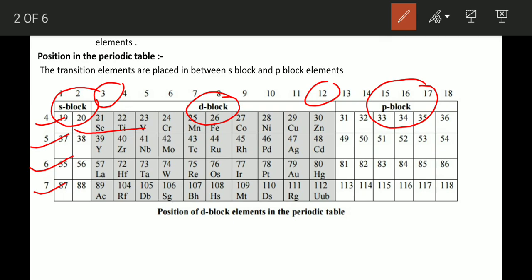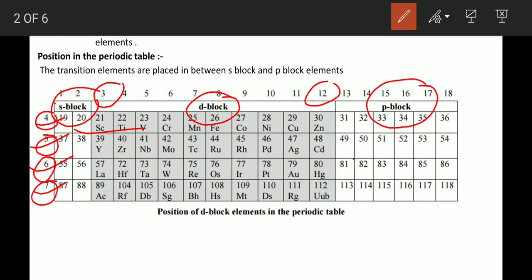Lanthanum to mercury is called the 5d series. And actinium to 112, Uub, is called the 6d series. So the 3d series is present in the 4th period, 4d in the 5th period, 5d in the 6th period and 6d in the 7th period.